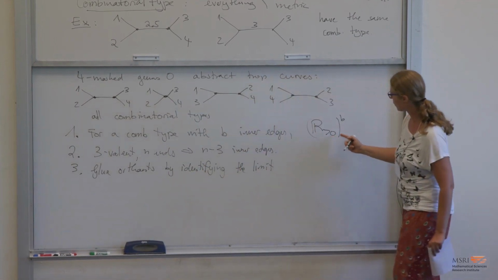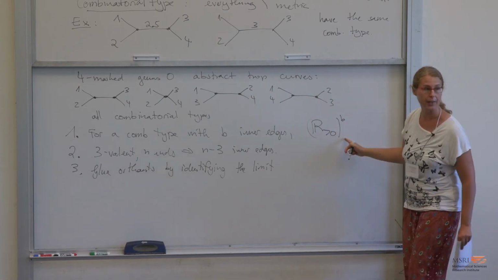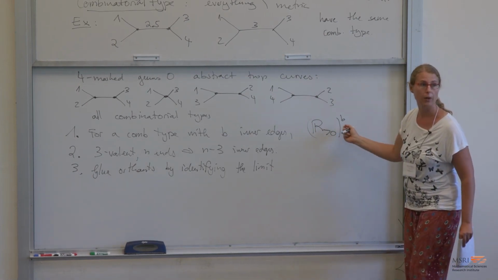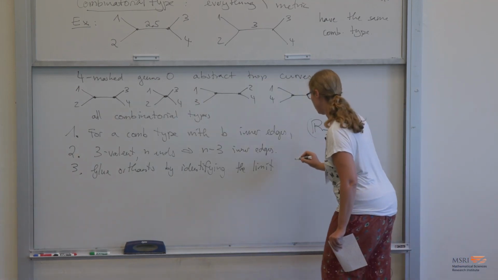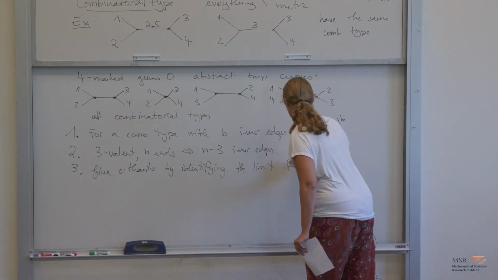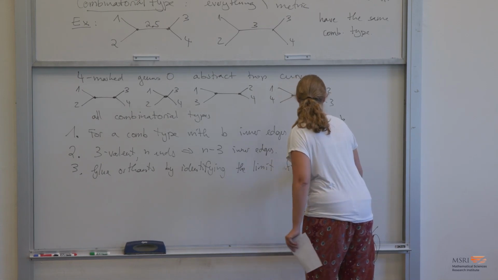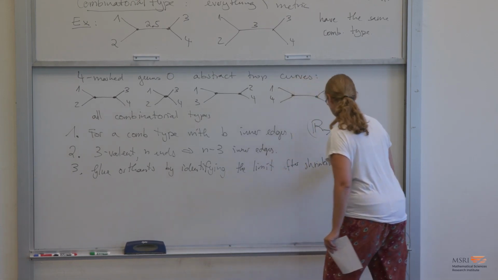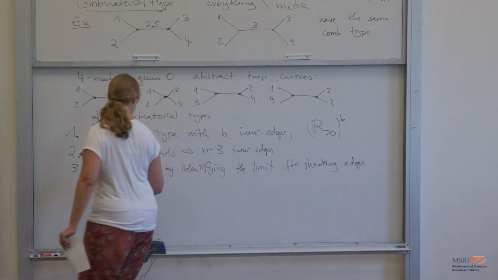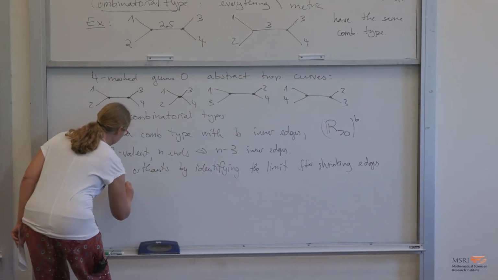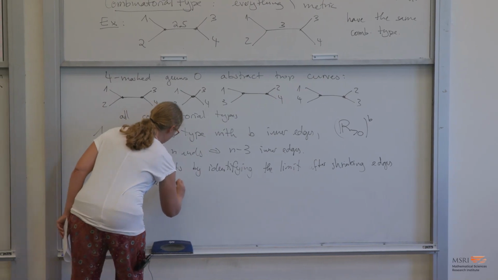When I go to the boundary of this thing, then I'm setting at least one of the lengths to 0, so I'm shrinking one edge. The limit after shrinking an edge, or possibly several edges, is just the curve without those edges.